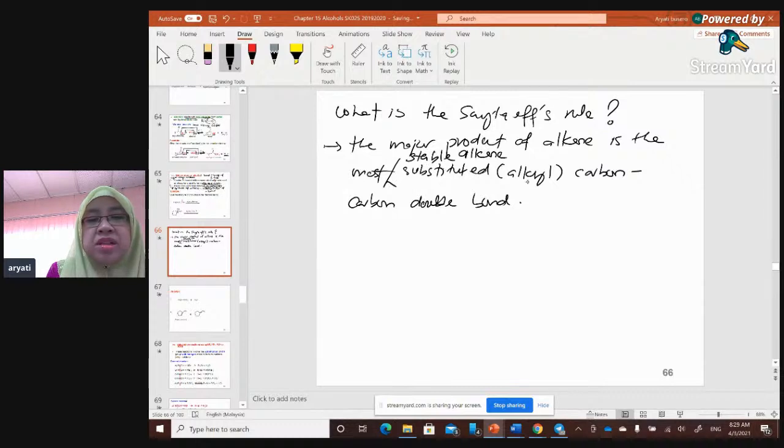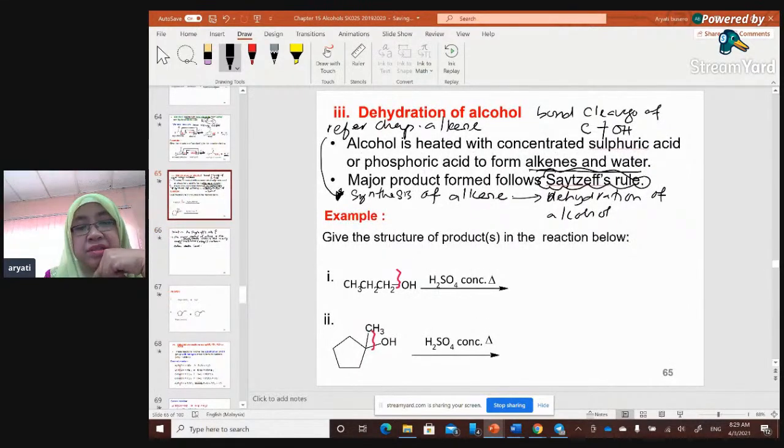So the most stable alkene, which is the mostly substituted, alkyl substituted, apa, alkyl group to carbon double bond. Okay. Example, so this is the example.